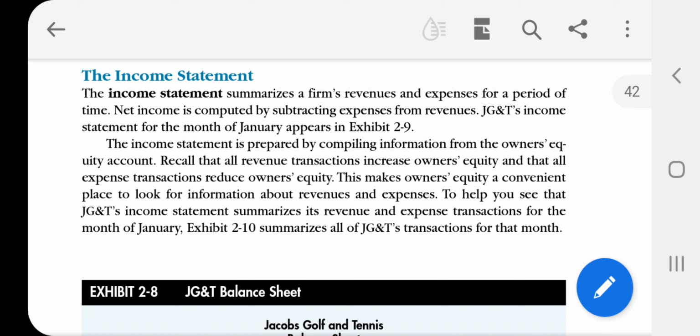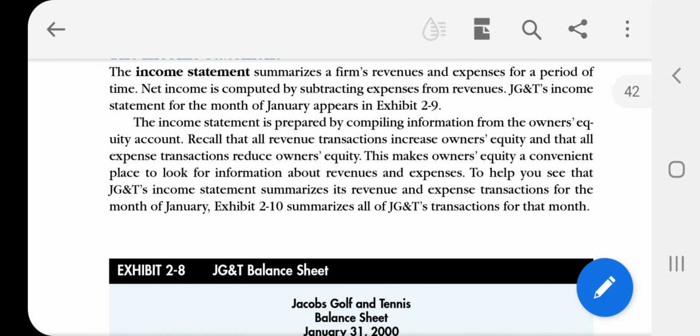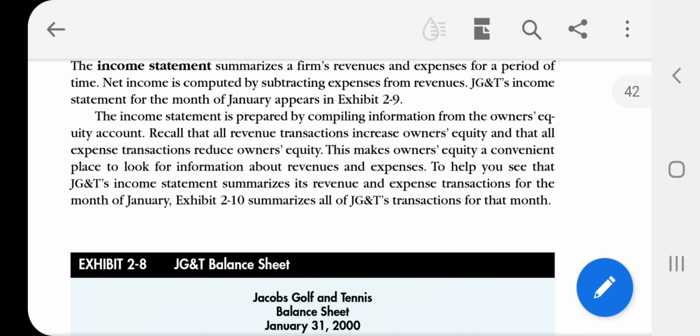we'll prepare the income statement. And as it says here, all revenue transactions increase owner's equity, and all expense transactions reduce owner's equity.